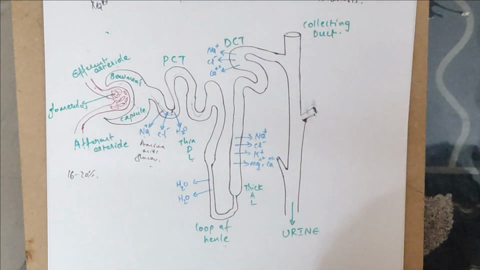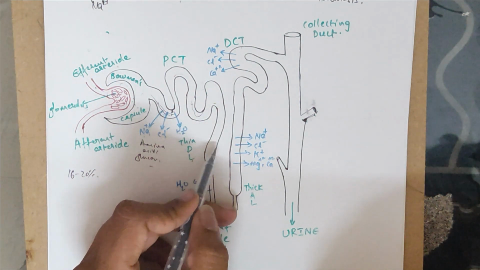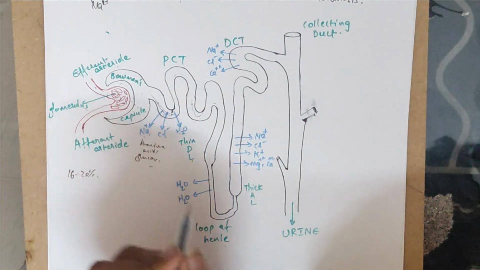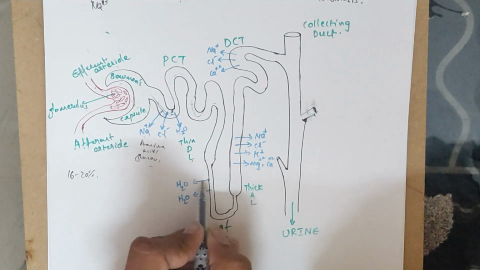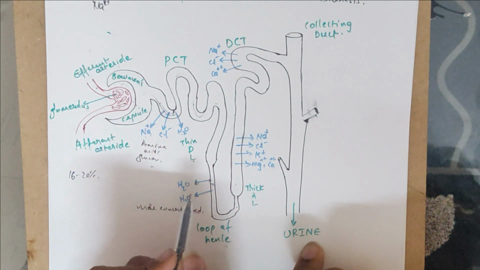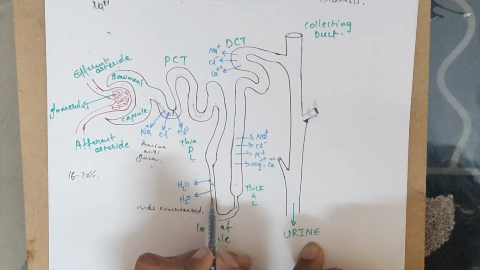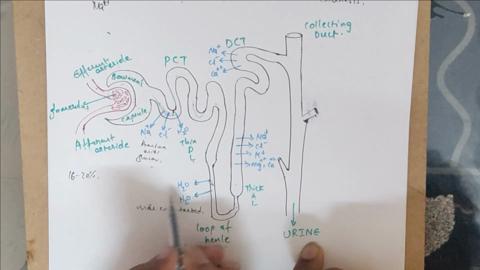When the fluid moves in the thin descending limb, this renal tubule is permeable to water but impermeable to sodium. The sodium molecules will stay here only, and water molecules will leave the tubule and enter into the bloodstream.